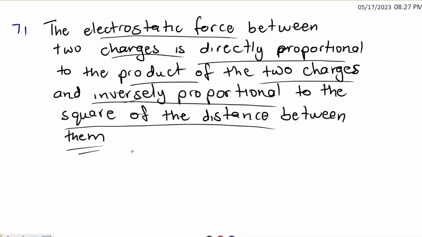Here you don't say between their centers, you say between them, not between their centers. So you must be careful there. It's different from Newton's universal gravitation. So that was 7.1.